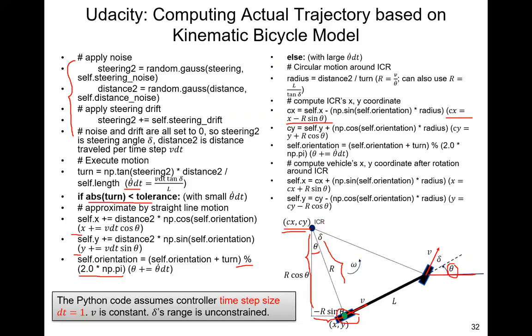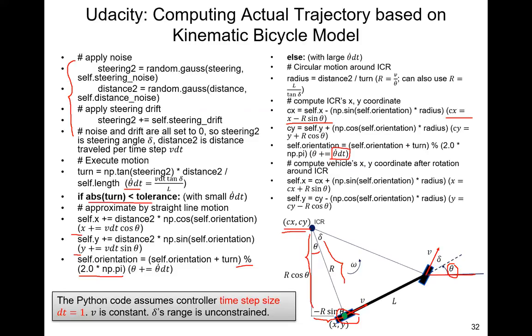So once you derive the ICR's coordinates, you can perform a rotational motion around this ICR for an angle of turn theta dot dt. So you add the theta dot dt to the current vehicle heading to get the new heading. That's the orientation or heading of the vehicle.